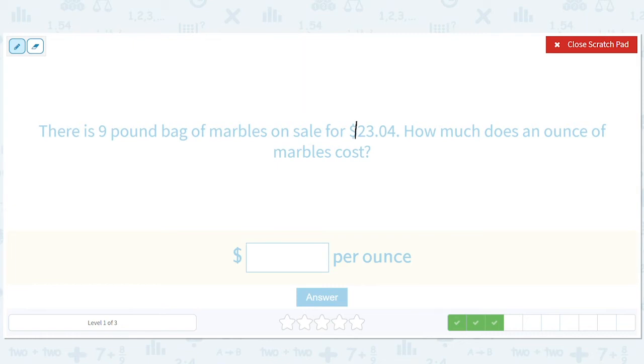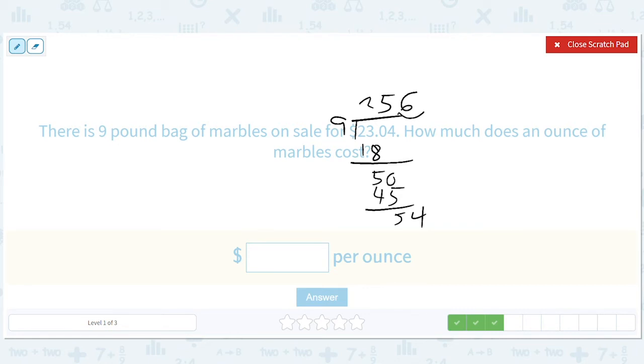Okay, so let's do per pound. So we divide by 9. And we get 2 times 9 is 18. And then we get 5. And then we get a 5 here. And then we get a 45. Get a 54. And that'll give us a 6, right?